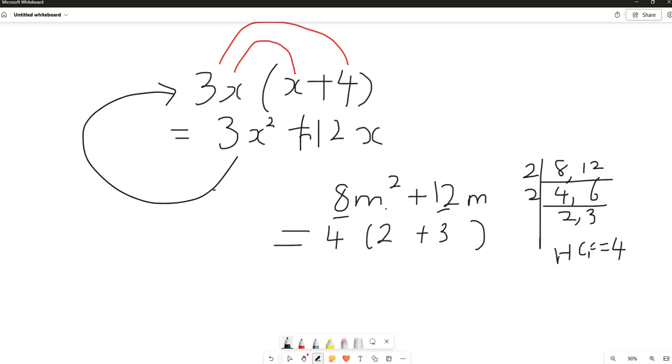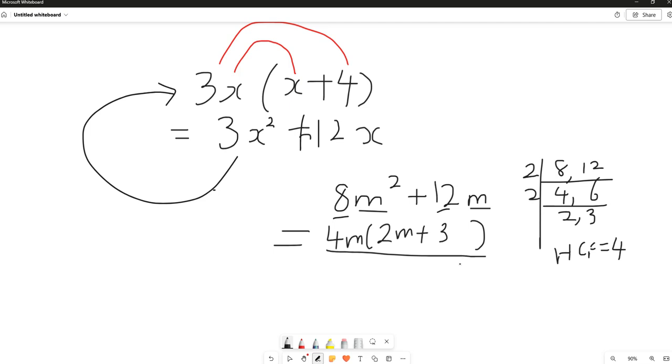And then of course look at the m now. This is m squared, this is m. Do we have a common? Yes, we have a common m. Put it out there. Since you have taken m out, what is m squared divided by m? It's just an m. m divided by m is just a 1. So your answer is actually 4m times 2m plus 3.